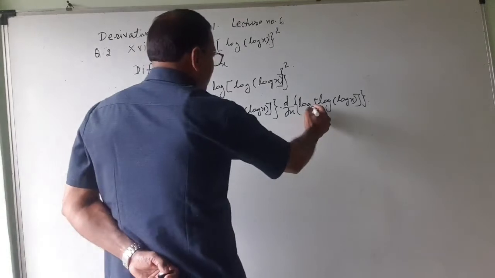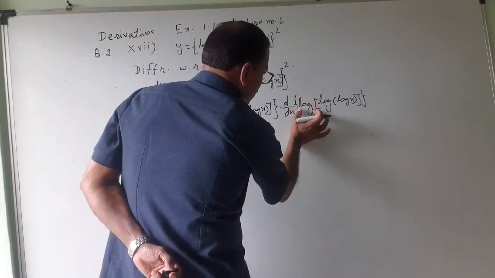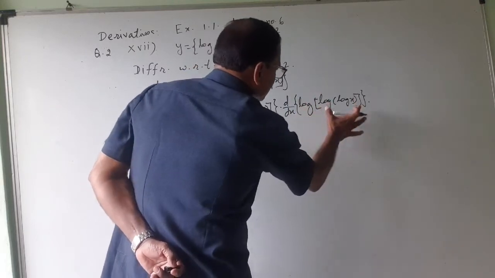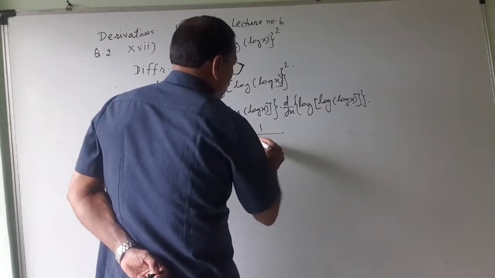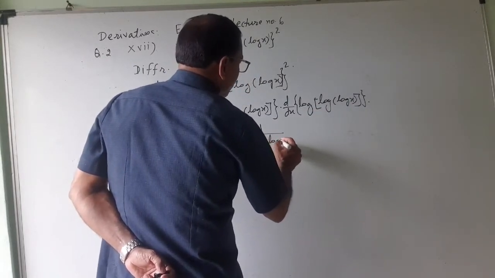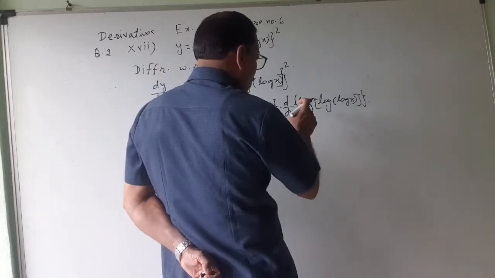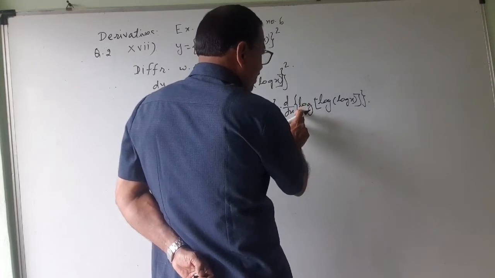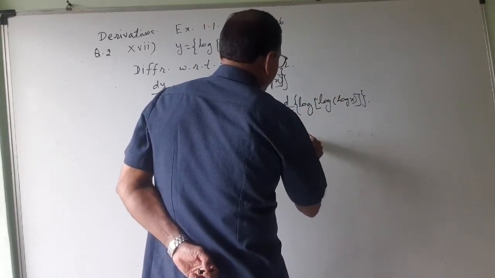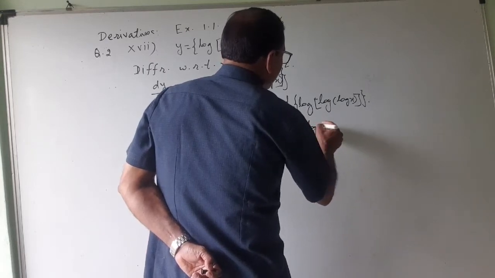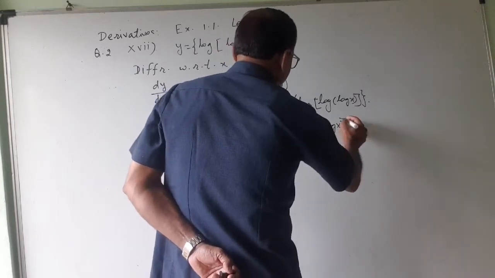into. Now the derivative, once again go in the sequence, this is log. Derivative of this log is 1 upon what? This much part. So 1 upon this much part, log of x. Now of this I have taken the derivative. Now I have to take the derivative of this into d by dx of log x. This derivative now I am taking.